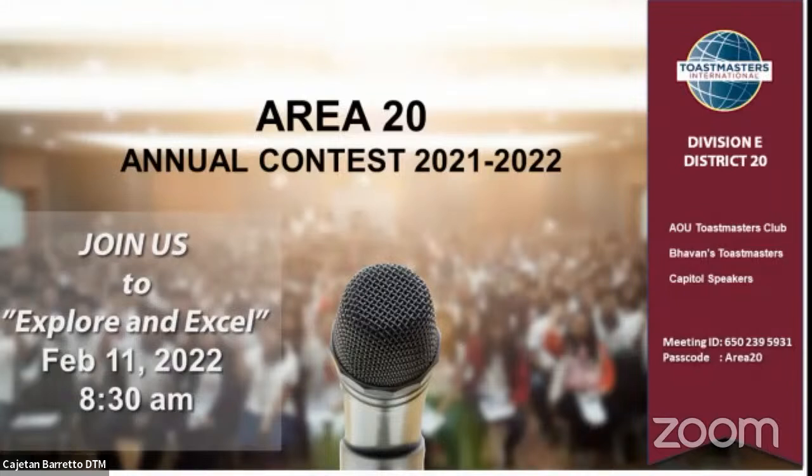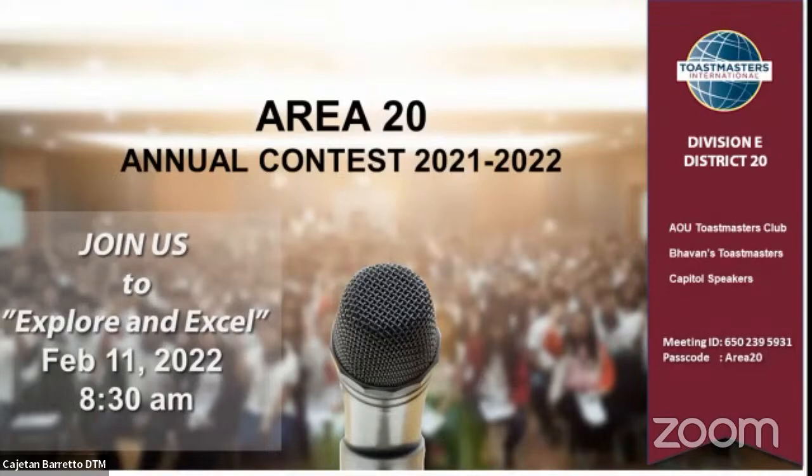Our attention is immediately focused on Area 20 because this is an event by Area 20, and that's what we have basically used to convey the hierarchy. It is an Area 20 contest. And then it moves on to join us to explore and excel. And then you see one more hierarchy, which is that it's a Toastmaster event.